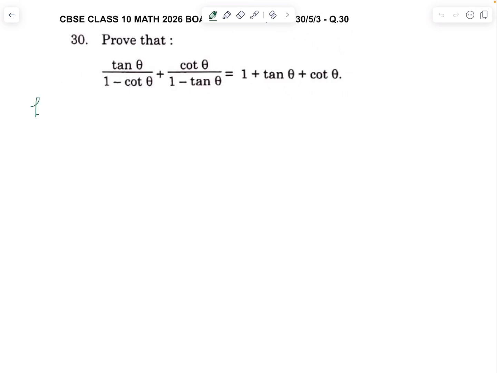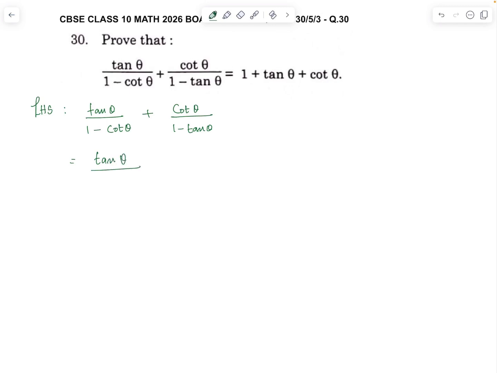Let's take the LHS given in the statement. The LHS is tan theta by 1 minus cot theta plus cot theta upon 1 minus tan theta. Here let me try converting the cot into tan.